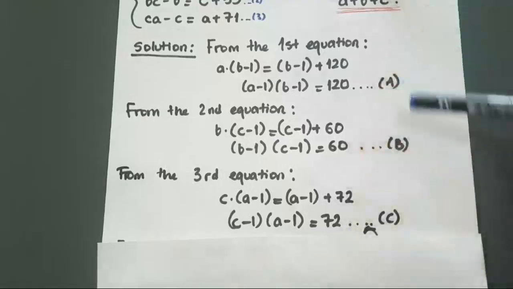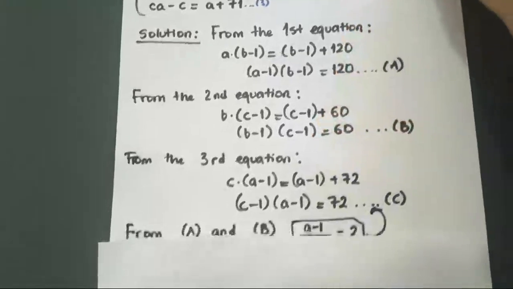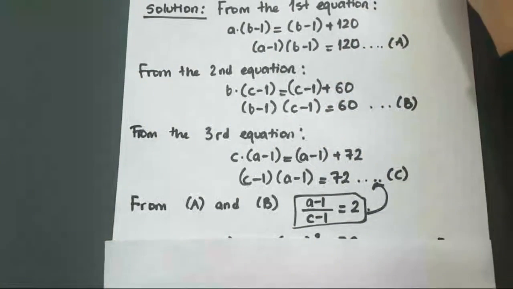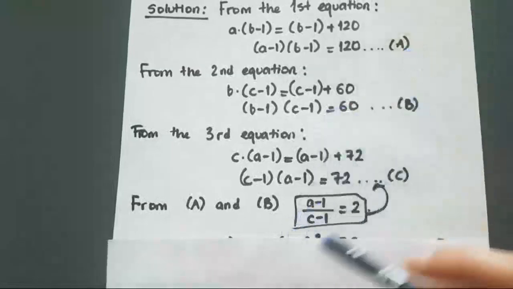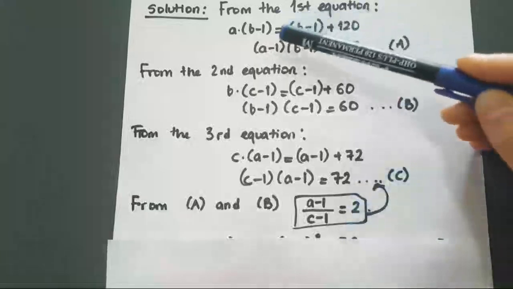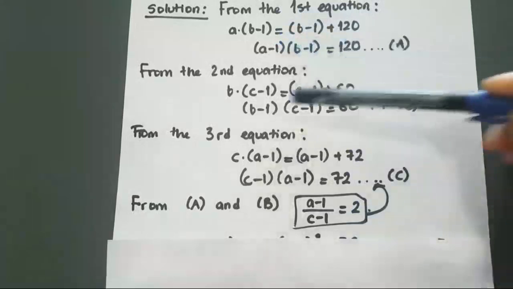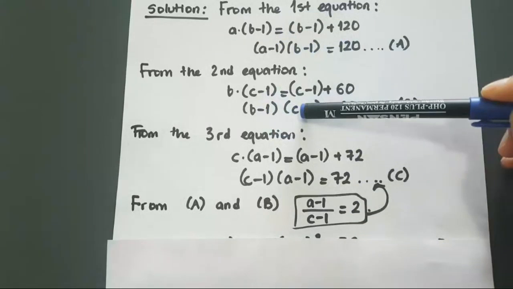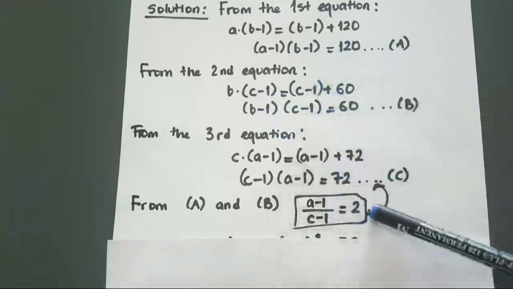Now, I will use one of A and B, or A and C, or B and C. I chose A and B. If we write A over B, what am I going to get? (A minus 1) over (B minus 1) and (B minus 1) over (C minus 1). If I write this, (A minus 1) over (C minus 1) is going to be 2.